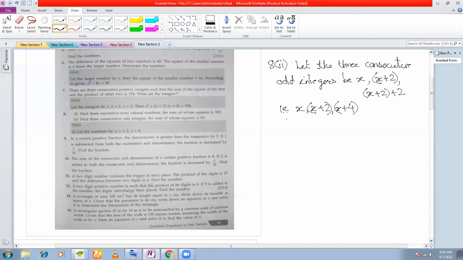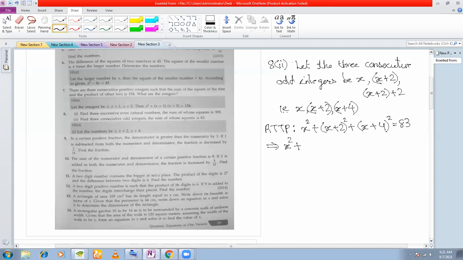Now what is given here? Sum of the squares is 83. So according to the problem, the sum of the square of x plus the square of x plus 2 and the square of x plus 4 is equal to 83. Now we can express this as a quadratic.